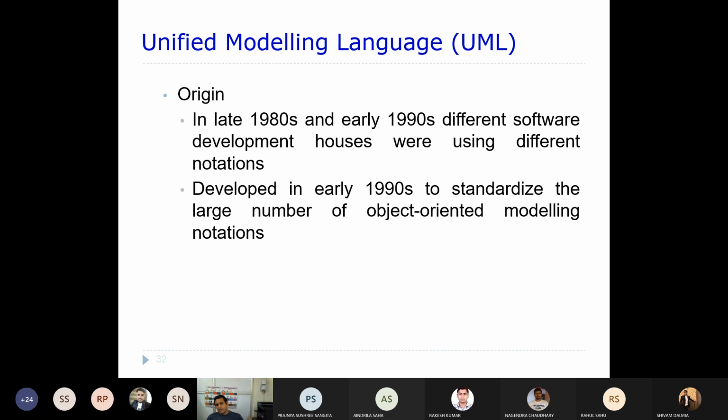So as a result, it is quite difficult for the people. You can think of it like this. Okay, you are the developers, right? And maybe one is working in Infosys, the other is working in Wipro, right? Now they have used one object modeling language.